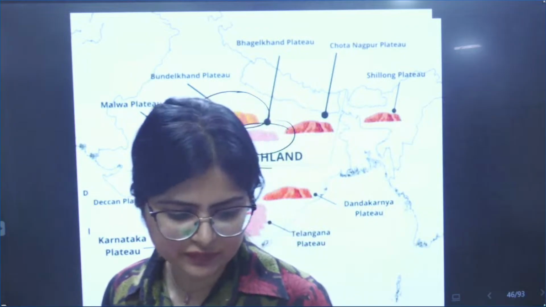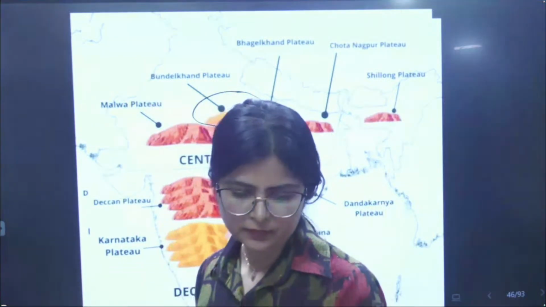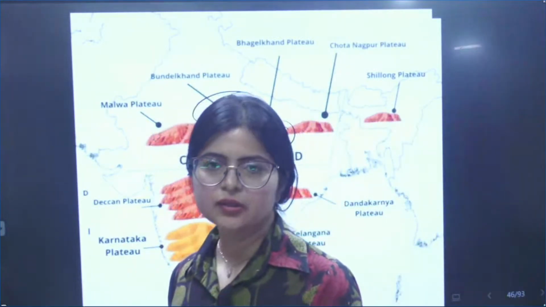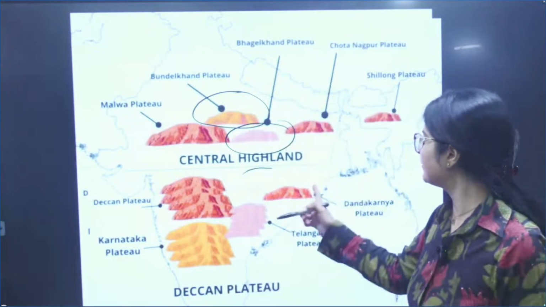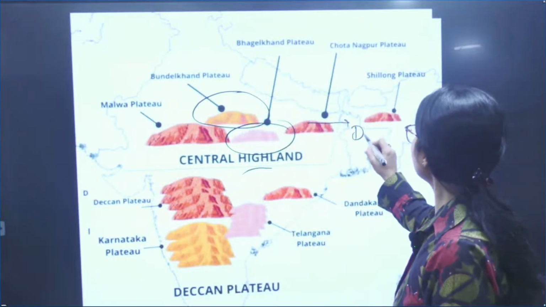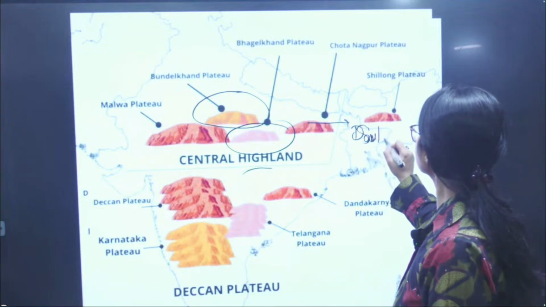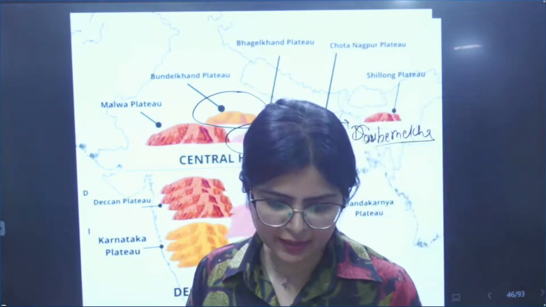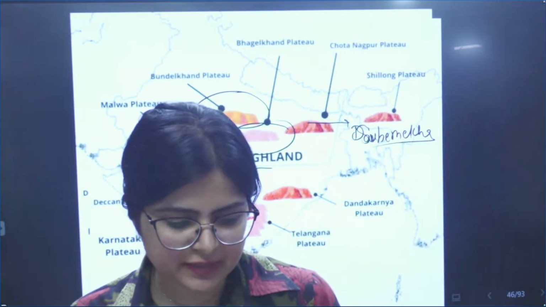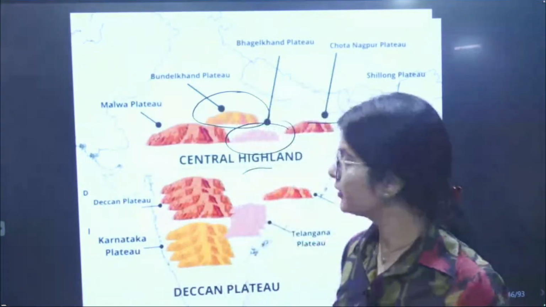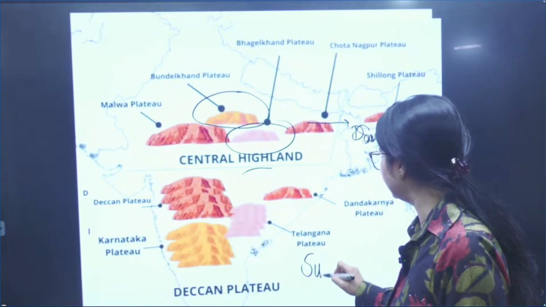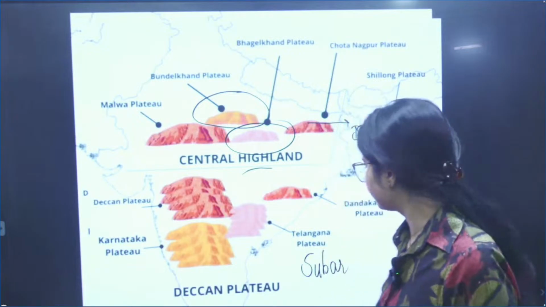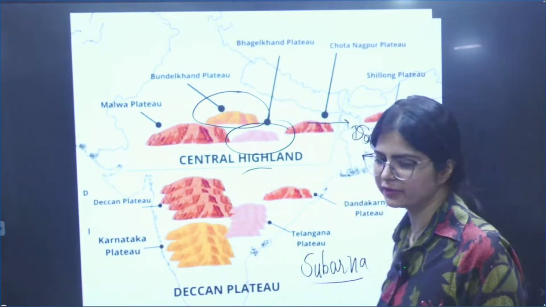The eastern part of the Central Highland is drained by rivers like Damodar and Subarnarekha. Spelling is Subarna and then Rekha, Subarnarekha.